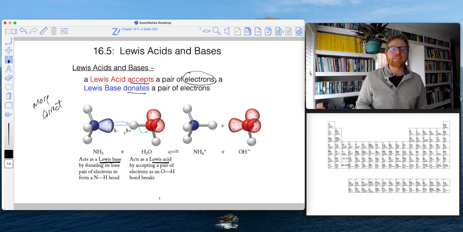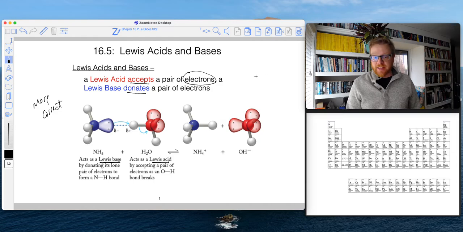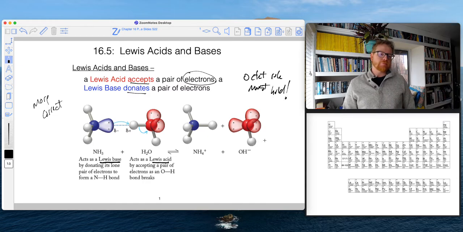And now we still have to conserve the octet rule. So I'm going to write that down. Octet rule must hold, okay? So when this electron pair gets donated to these hydrogens, we're now violating the octet rule. So the electrons in this bond now get pushed over to the central atom, and then that appears as a new lone pair.